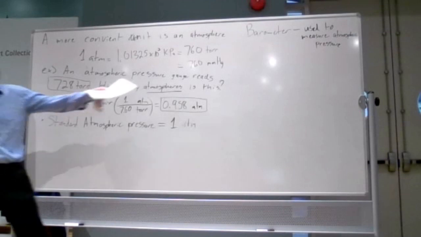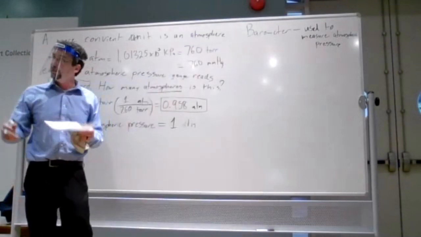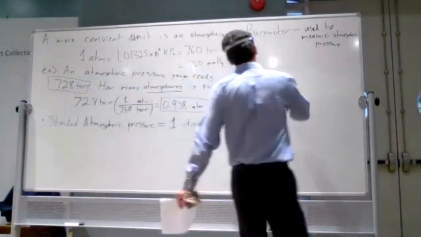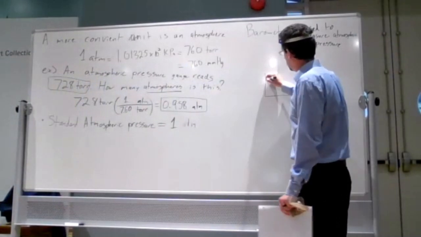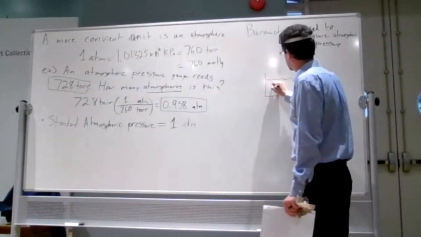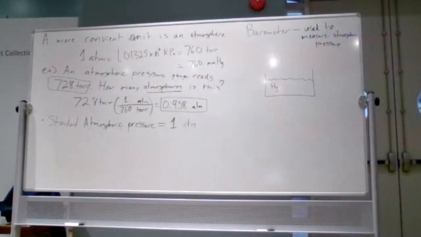It comes from this unit of millimeters of mercury. The way that they used to build these things is they would get a pool and fill it with mercury. Not very safe, but it's there.